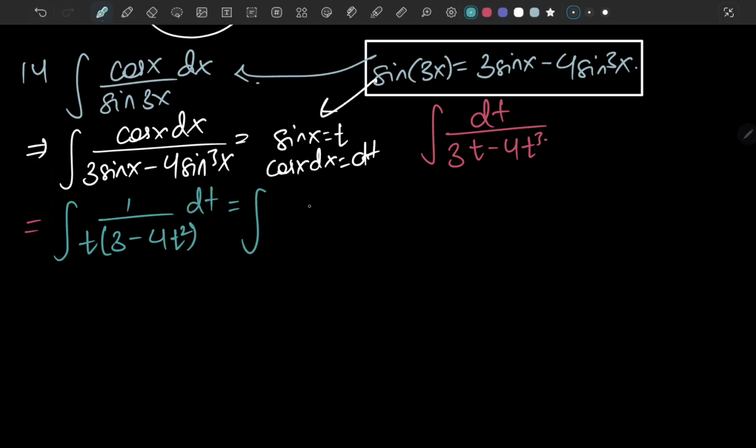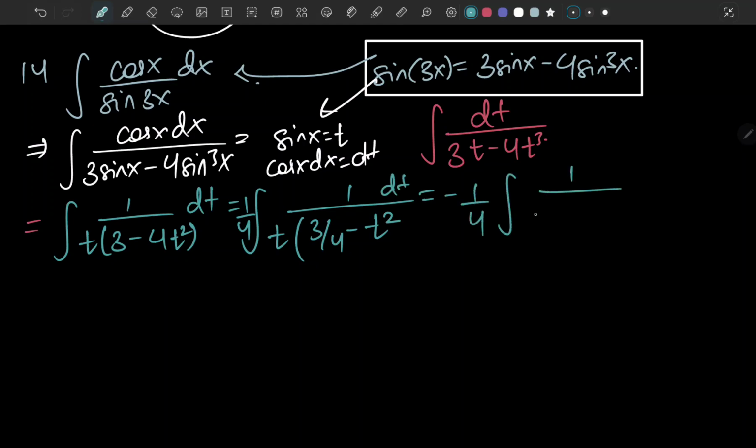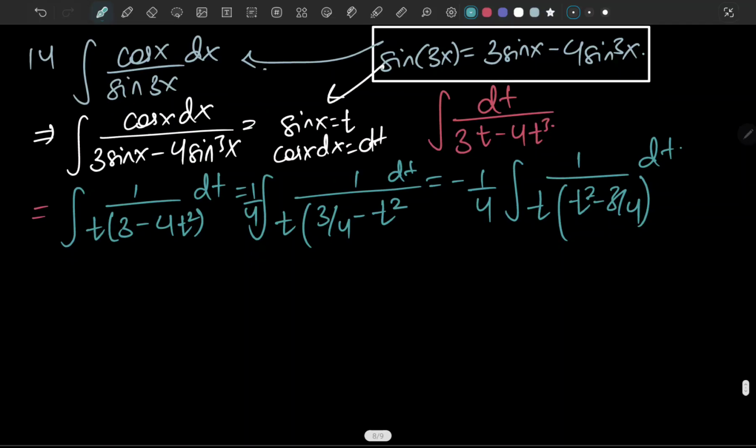Okay, t as it is, and factoring out 4 as 1 over 4, this becomes 3 over 4 minus t squared, right? Or maybe we can factor out minus 1 over 4 times the integral of 1 over t times t squared minus 3 over 4 dt, right? And so far so good, guys.